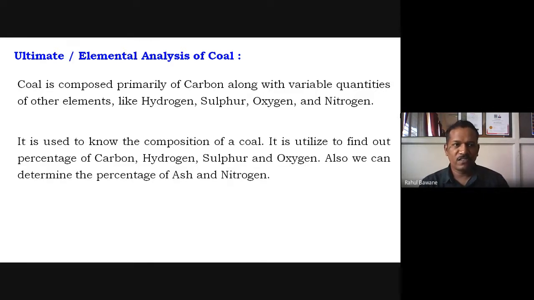This ultimate analysis is used to know the composition of that particular coal sample. It is utilized to find out the various percentages of carbon, hydrogen, sulfur, oxygen. Also, this can be used to find out the content of ash and nitrogen.